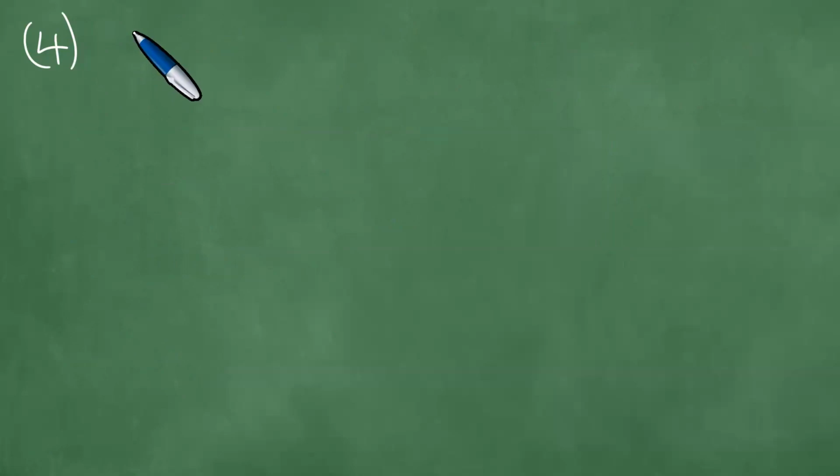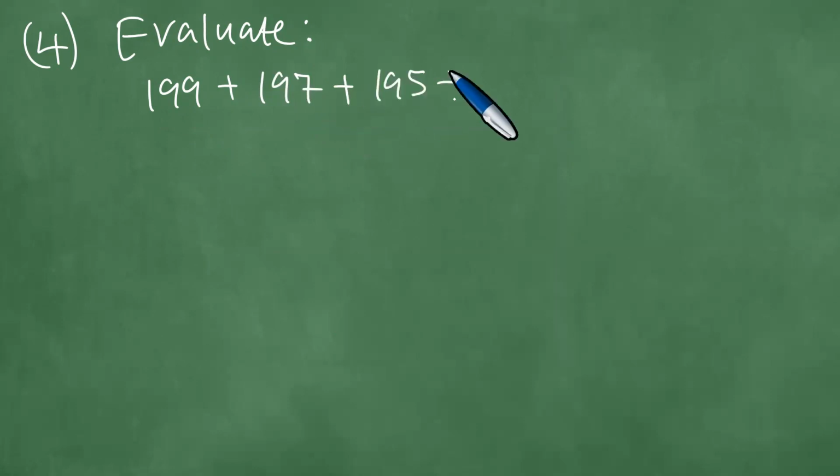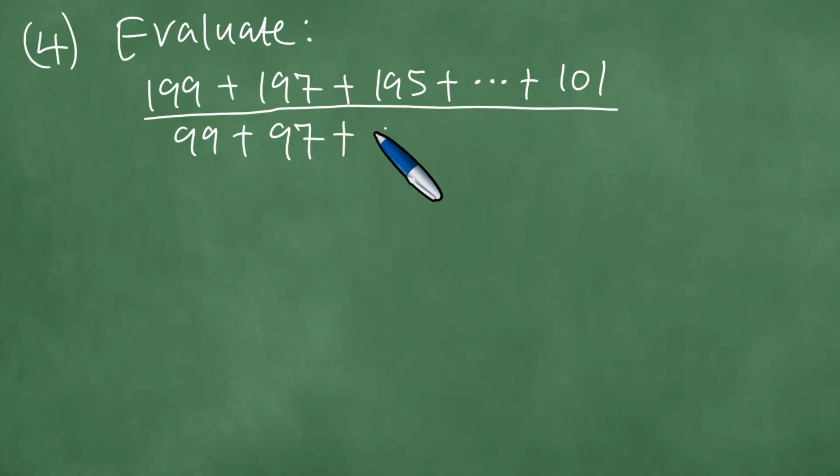Number 4, evaluate: 199 plus 197 plus 195 plus 123 plus 101, which is 99 plus 97 plus 95 plus.